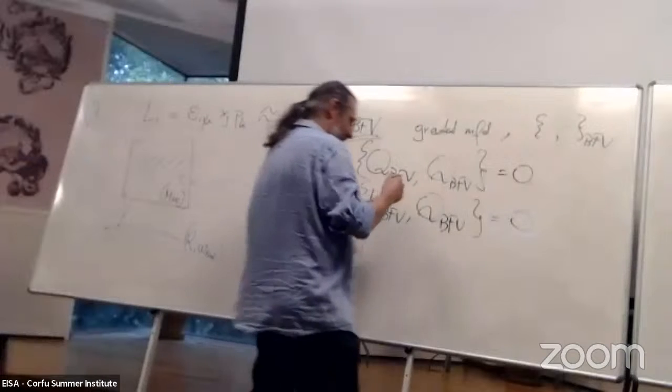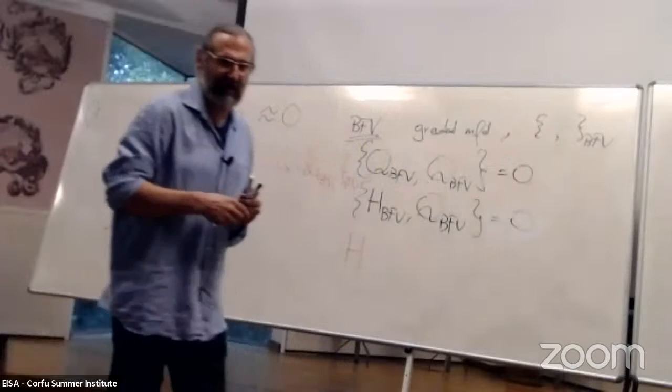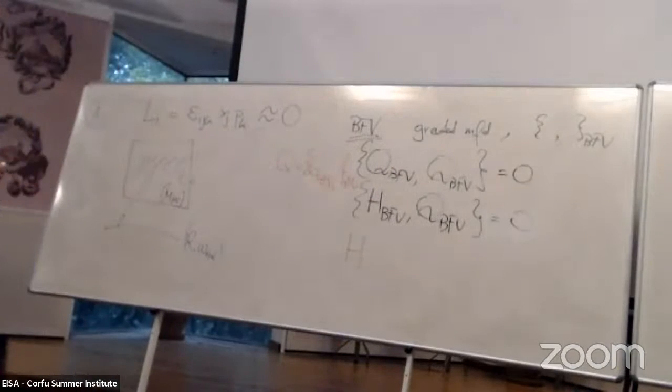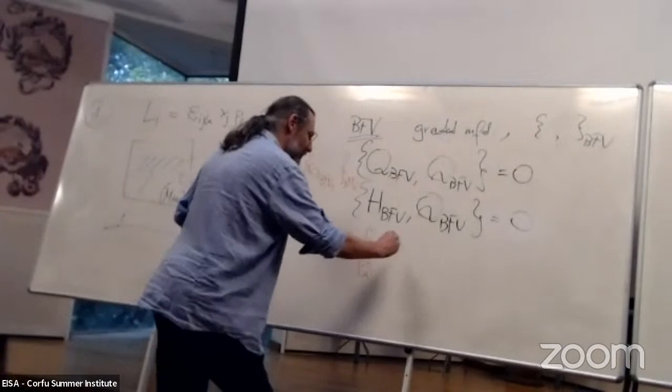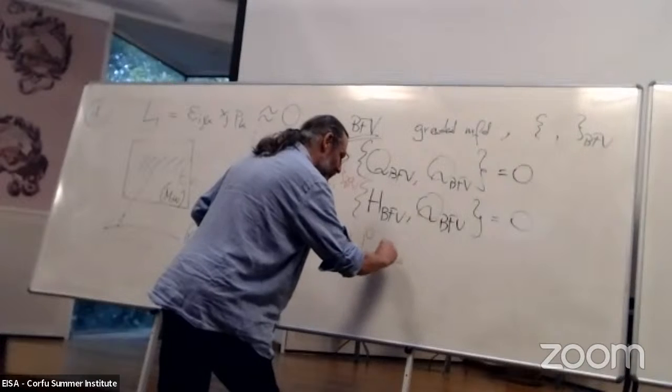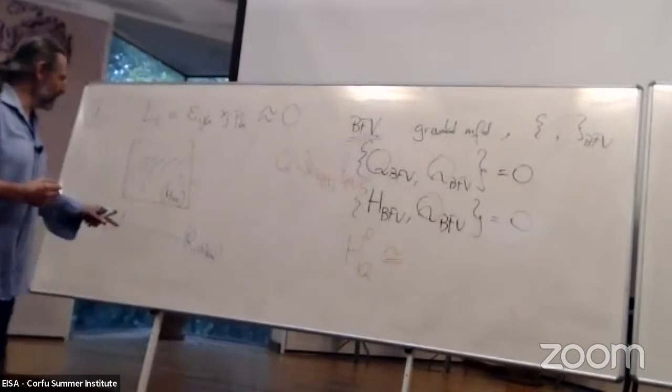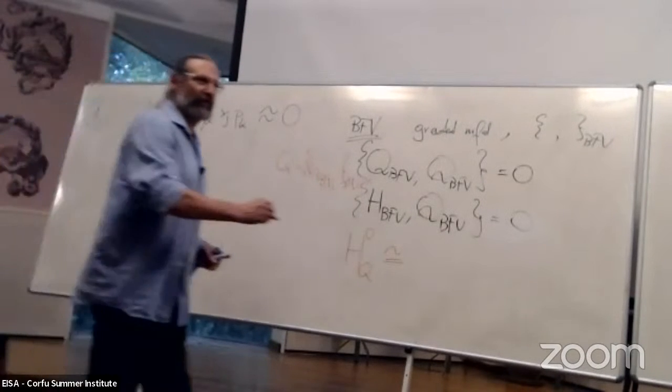Okay, I will drop this BFV if possible. So H_Q at degree 0 should be isomorphic to the functions on the reduced phase space.